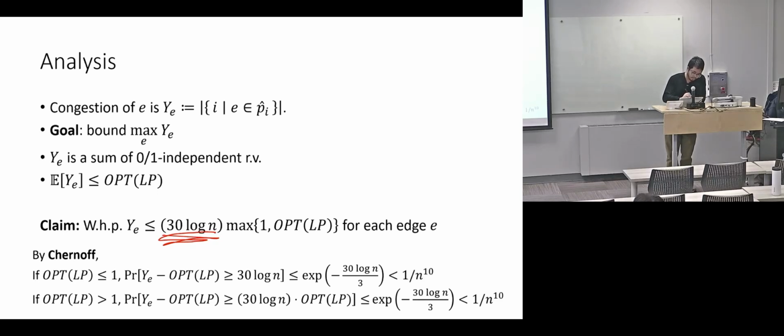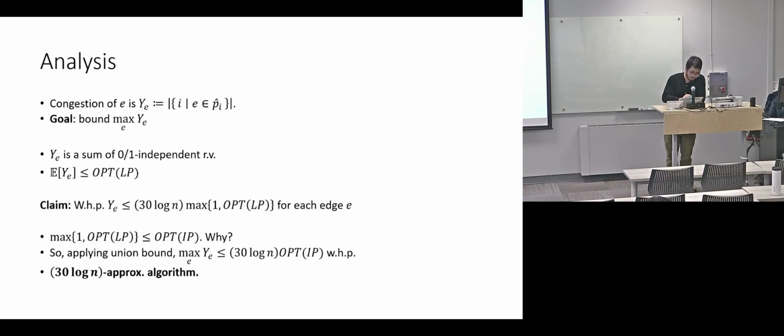But once I know this, I also actually know that it's at most the max of 1 and OPT of LP. I need to be a bit careful here. But we know that the max of 1 and OPT of LP is at most OPT of IP.